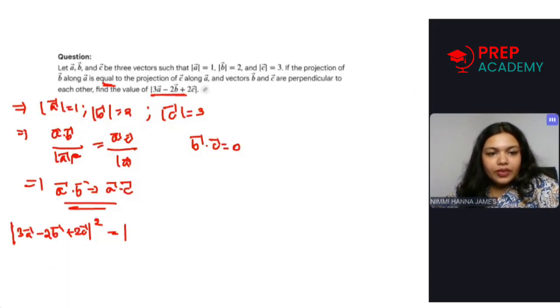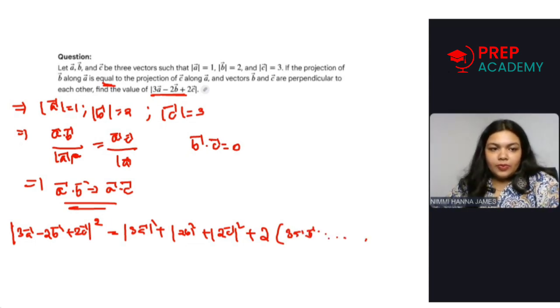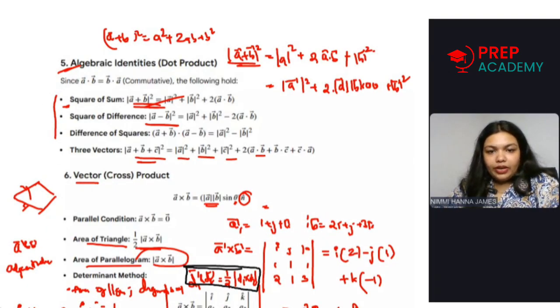So modulus of 3A vector squared plus modulus of 2B vector squared plus modulus of 2C vector squared plus 2 into 3A vector dot minus 2B vector. A dot B it is, yeah.